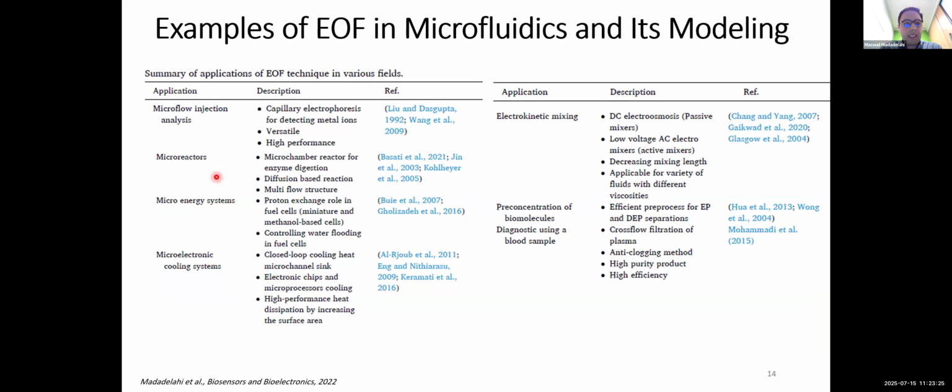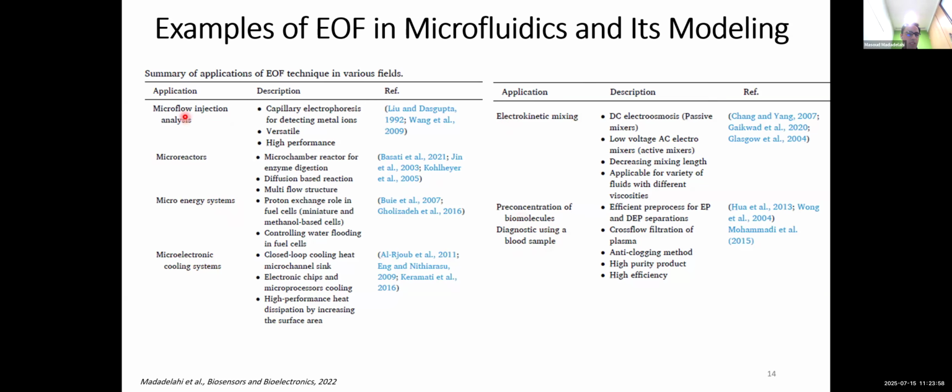In this table, you can see different applications of electroosmotic flow. I want to start from electroosmotic flow and the way that we can model it in microfluidic devices. So you can see that we can use electroosmotic flow for microreactors, for microenergy systems, for cooling systems, for electrokinetic mixing, and also diagnostics.